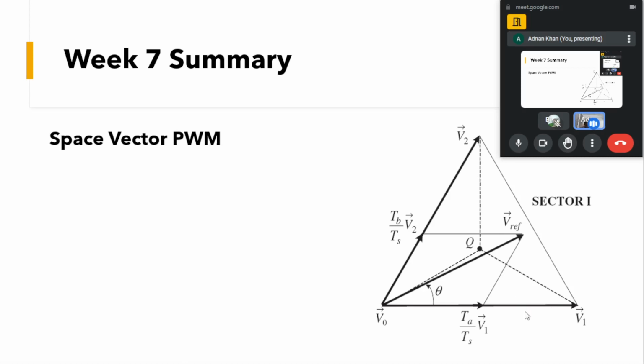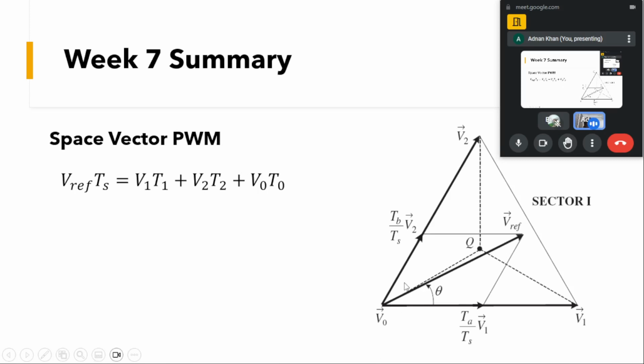What we will be doing is switching this v1 for a certain amount of time, let us say t1, and v2 for a certain amount of time, t2, and v0 for a certain amount of time, t0. So vref into ts will be equal to v1 for t1 time, v2 for t2 time, and v0 for t0 time.